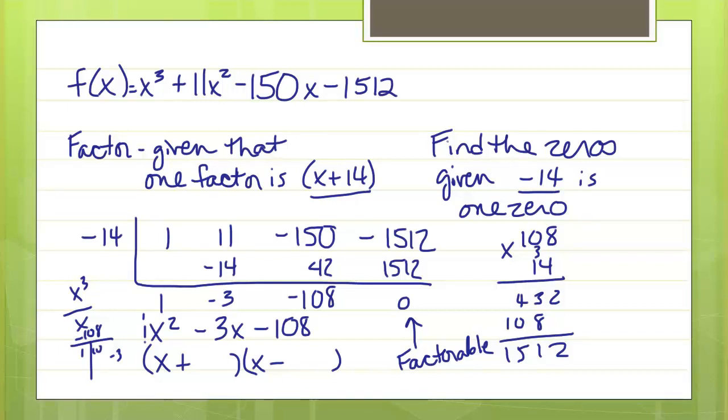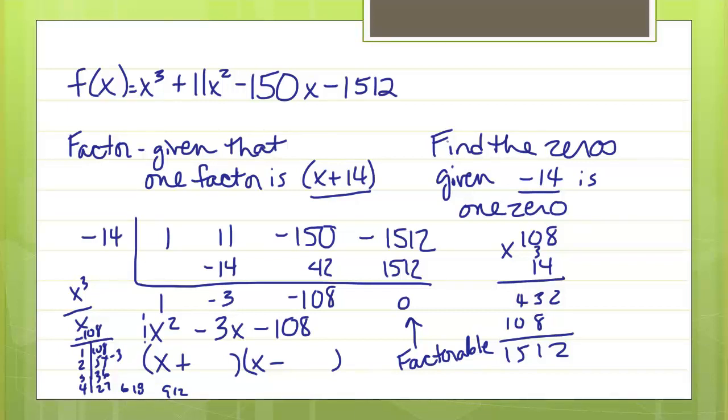1 and 108, 2 and 54, 3 and 36, 4 and 27, 6 and 72, and that's not right, 6 and 18, and 9 and 12, and it's going to be 9 and 12.